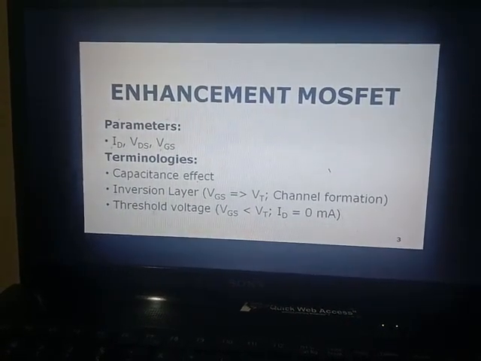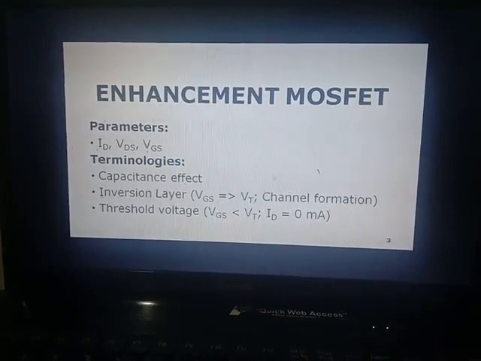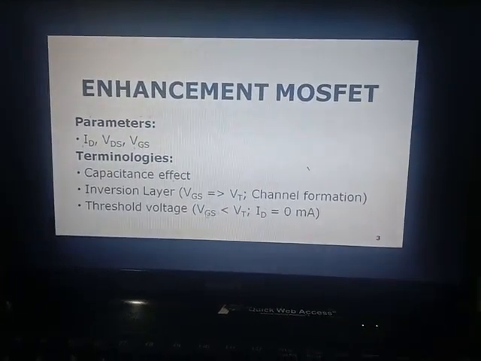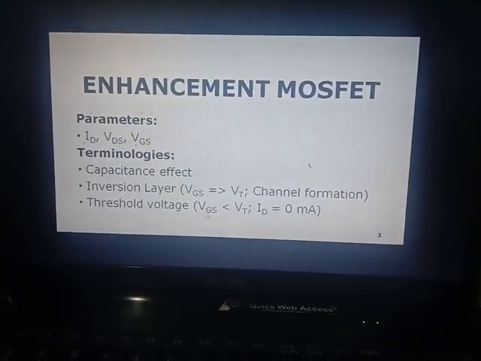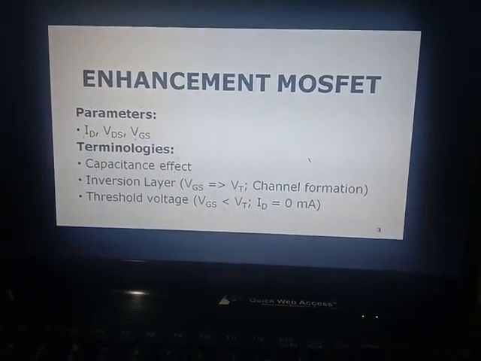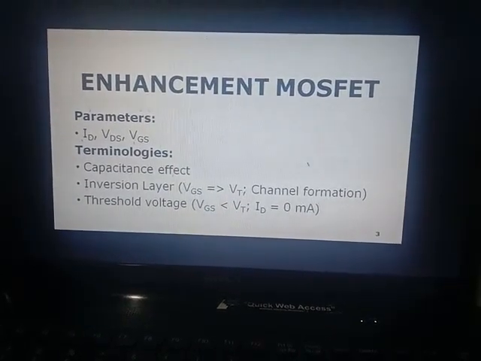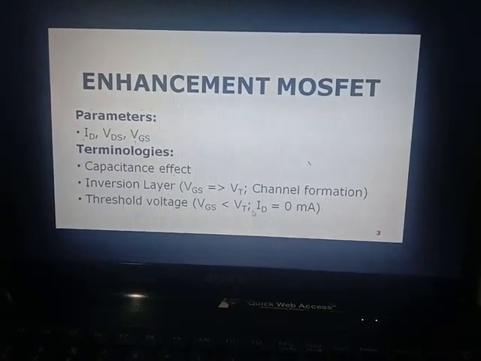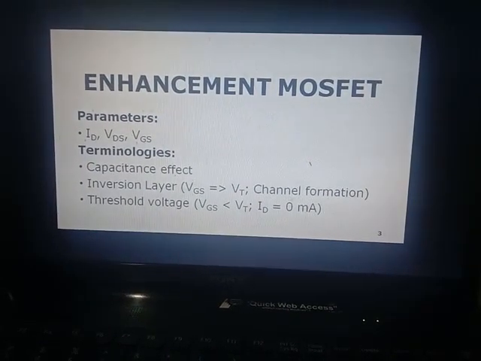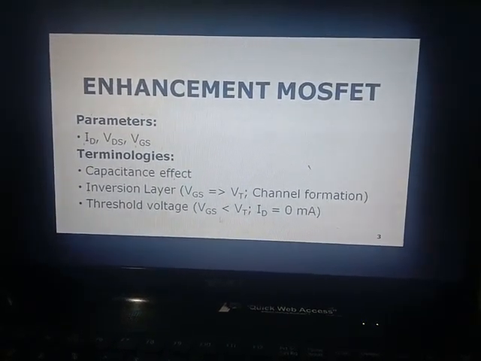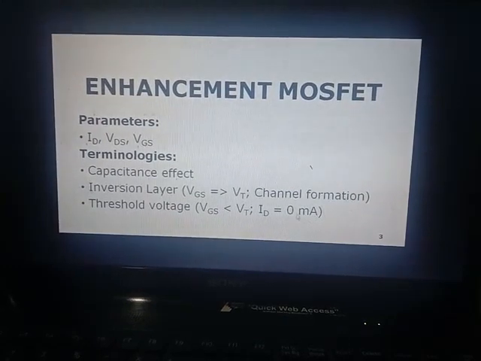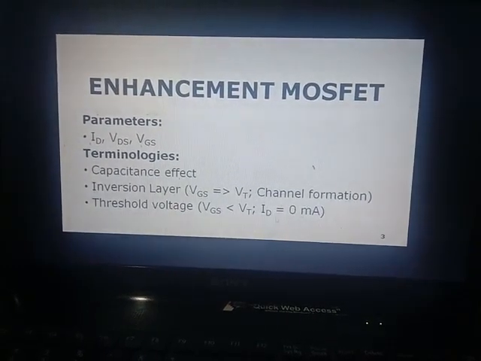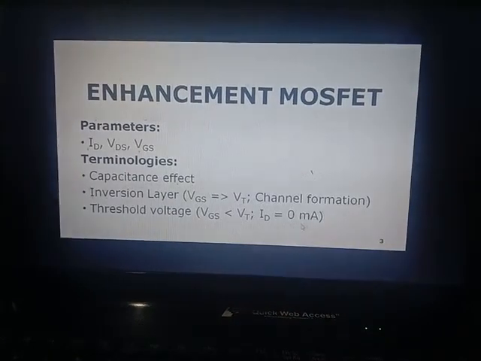Inversion layer and threshold voltage. As the name suggests, the gate to source voltage controls the flow of current. When gate to source voltage is lesser than threshold voltage, there will not be any channel formation. Even though we apply drain to source voltage, there will not be any current flow.